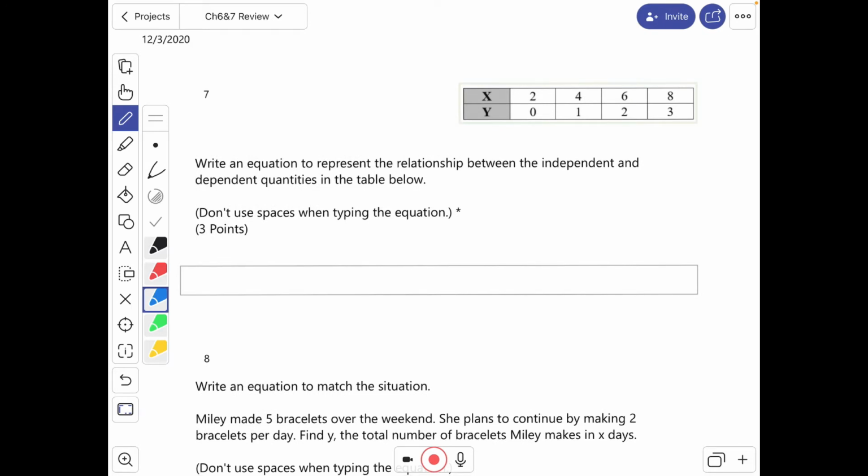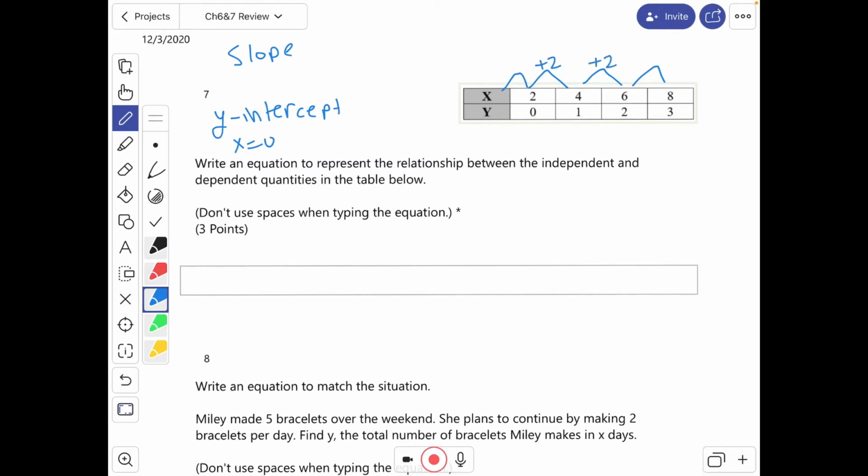Number 7, write an equation to represent the relationship between the independent and dependent quantities in the table. Again, we're going to need the slope and y-intercept. The y-intercept is where x equals 0, and x is not 0. So similar to the last problem we did like this, we need to look for a pattern, and then we're going to count backwards until we find where x is 0.